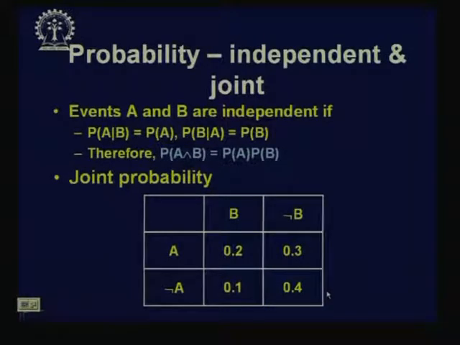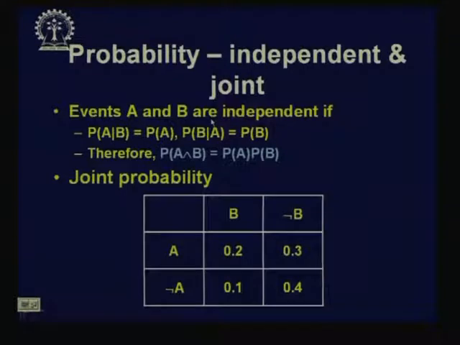Now, as we have said earlier also, such conditional probabilities are applied when the two events are not independent. If two events, say A and B, are independent, when do I call them independent?